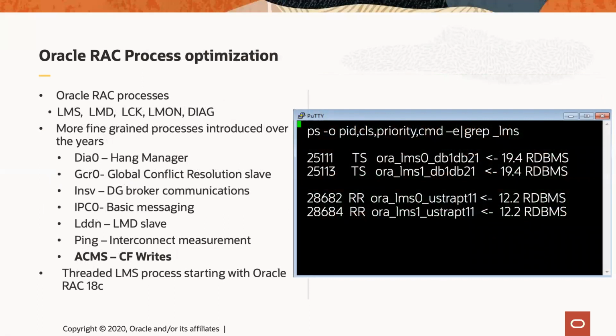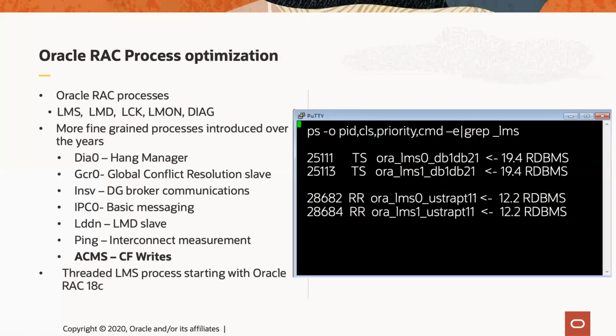Now, the more SGA you have, the more blocks you can put in the buffer. The number of masters also increases proportionately. So we have optimized some of these things in 19c.